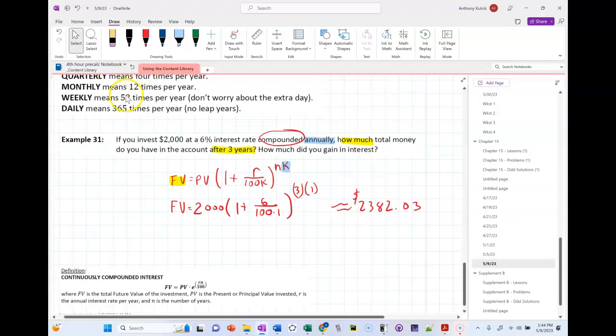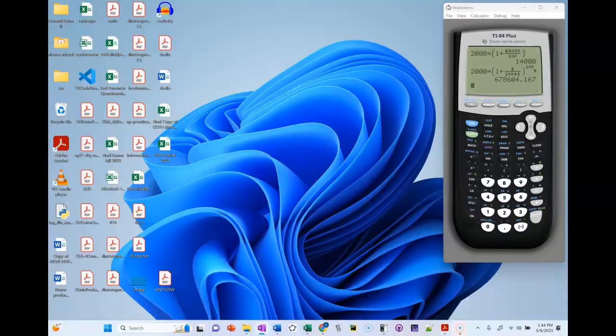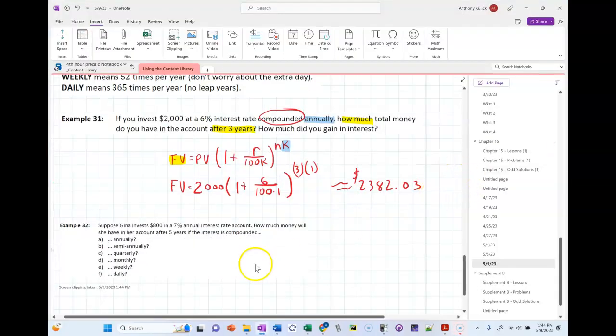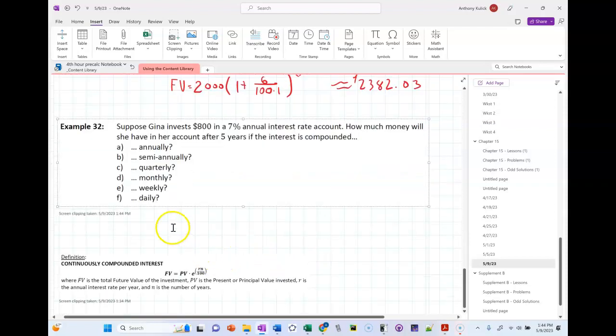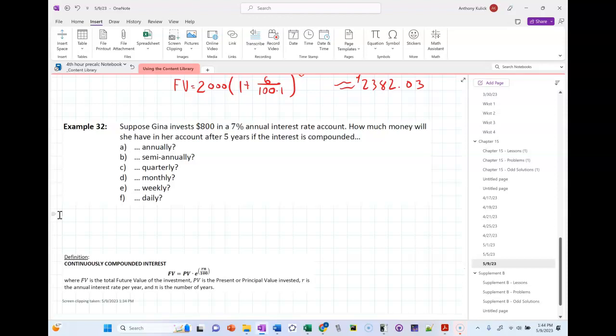Let's look at an example to illustrate how much the number of compounds per year matters. So here it says, suppose Gina invests $800 in a 7% interest rate account.